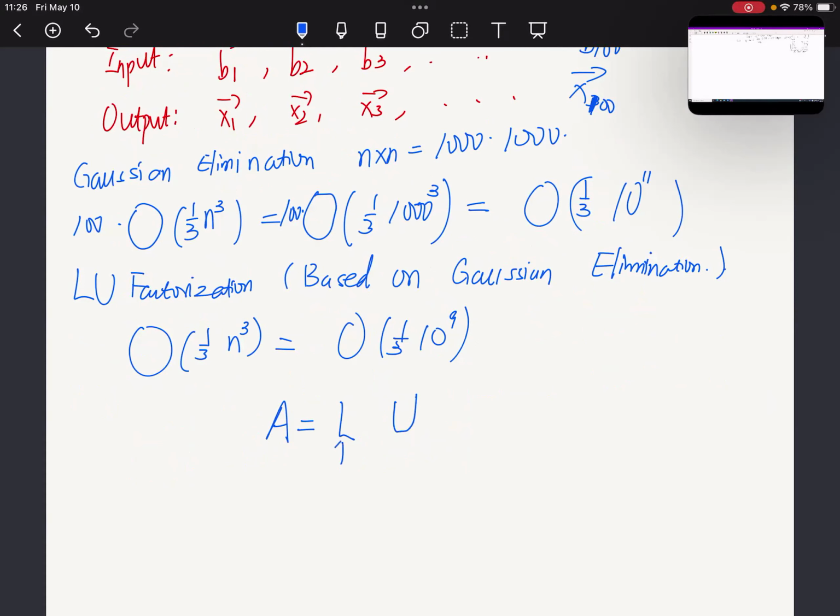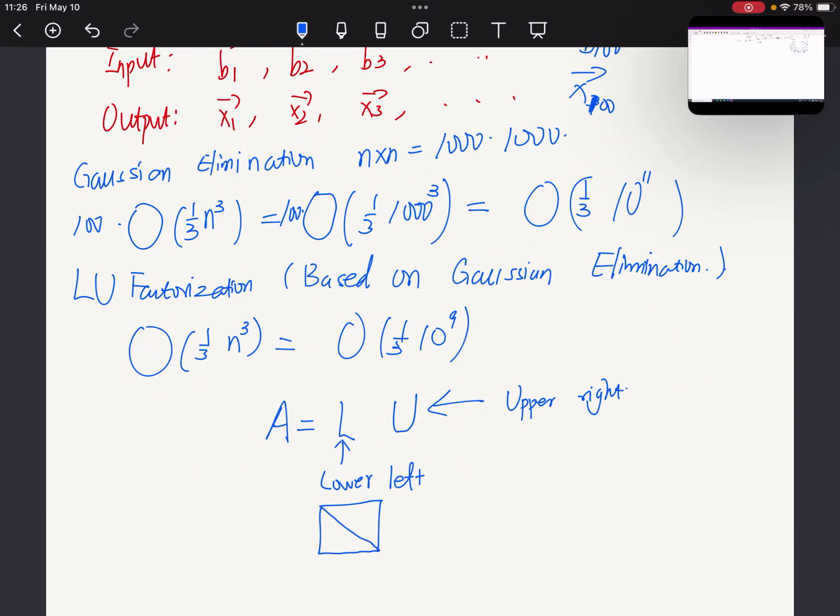L means lower left triangular matrix, and U is upper right triangular matrix. And I'm going to draw the pictures in case you don't know.